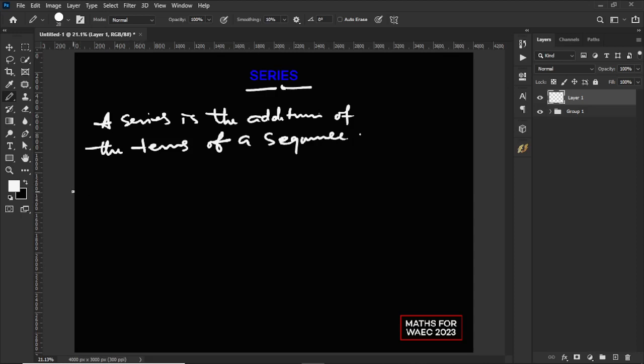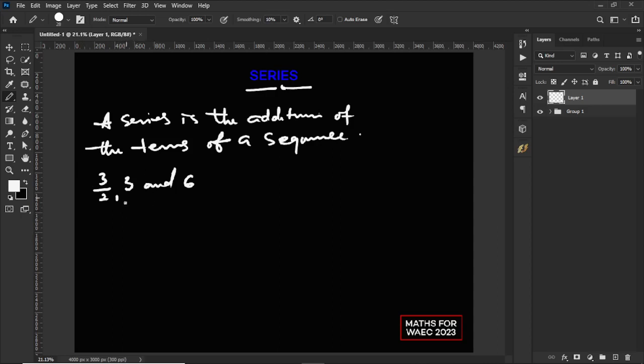So let's take for instance that you have a sequence like 3 over 2, 3 and 6, just like we have in the first example that we did. This is the sequence.